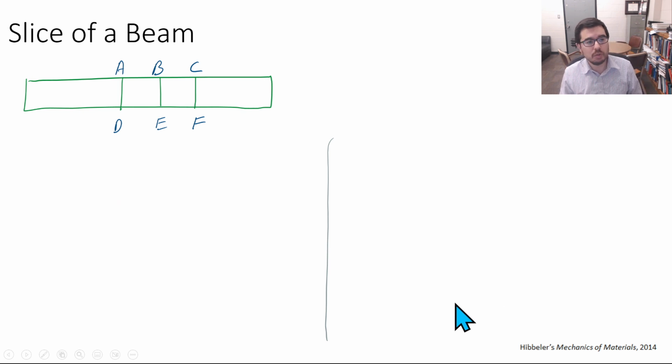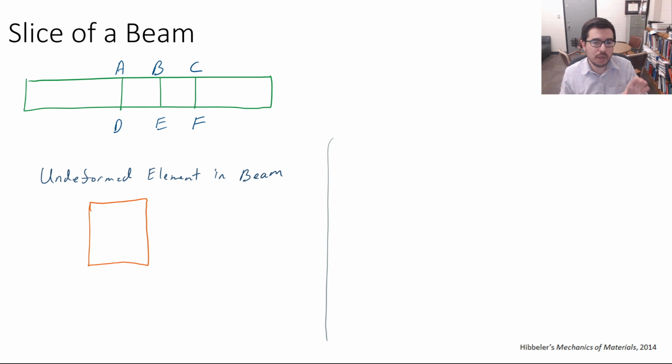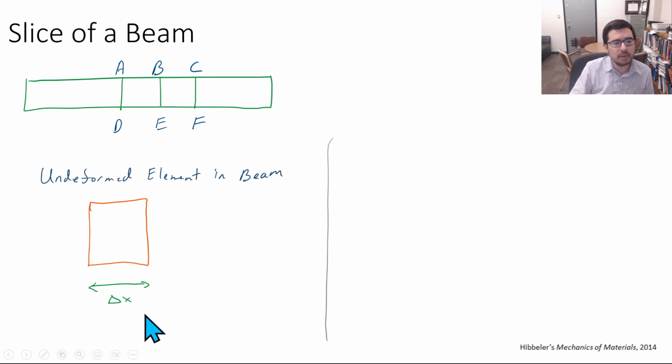So now let's go a little bit further and begin to look at what would be happening on a slice or an element. So imagine that this is a slice, and it could be, I didn't draw it this way, but it could have A, B, E, D at its corners. Okay, so it's like one of these blocks, and this is the beam. So this slice has width delta x, and we can draw a longitudinal axis, right?